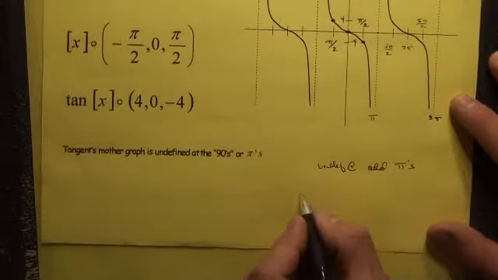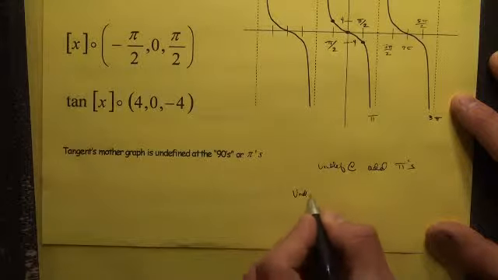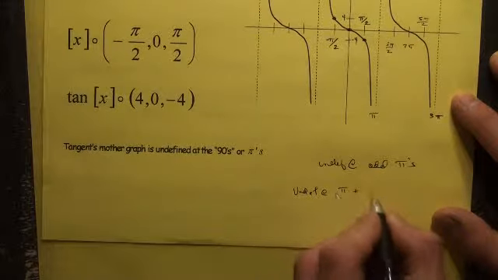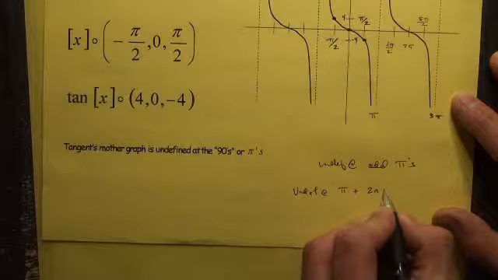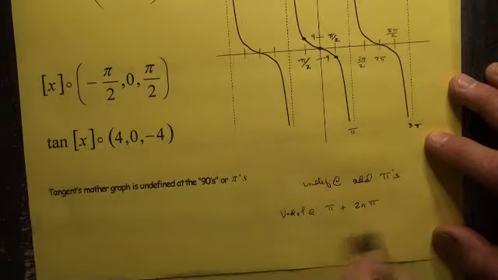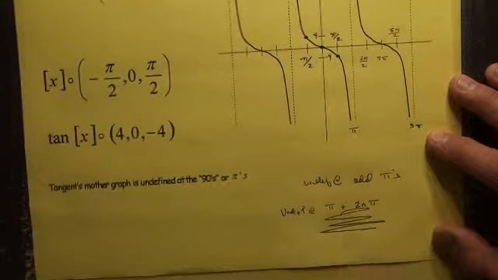How do you say that? We're going to be undefined at pi plus 2n pi. So pi plus any other odd numbered pi's. Okay, so there's our undefined.